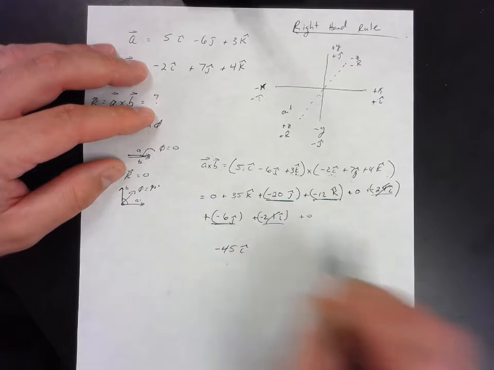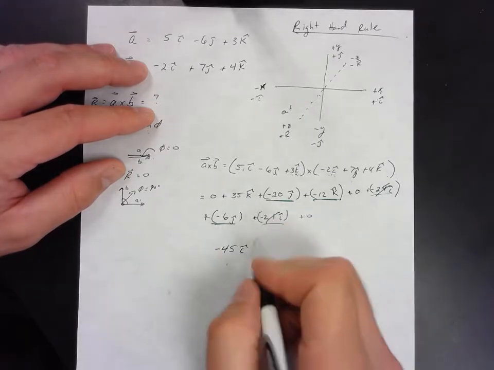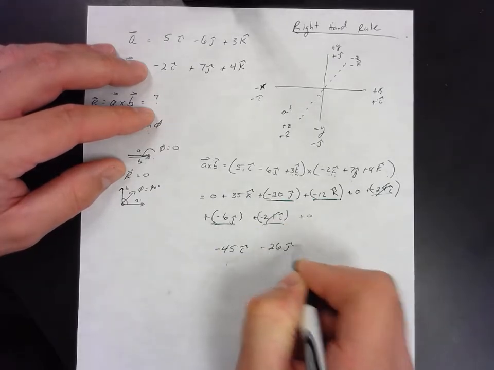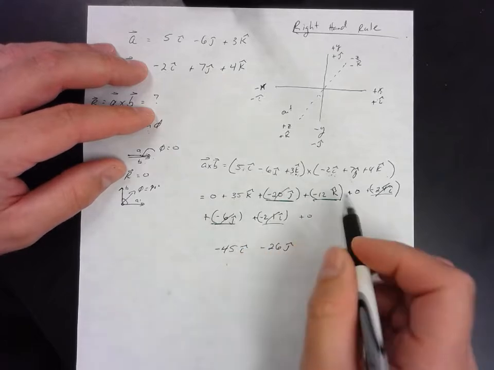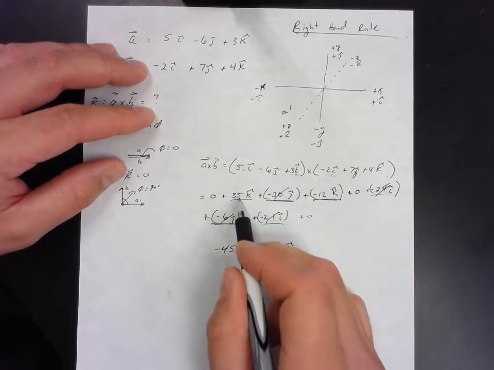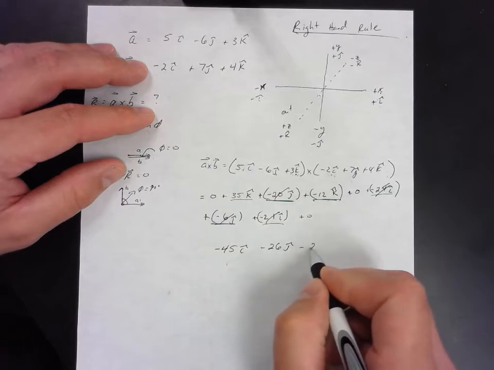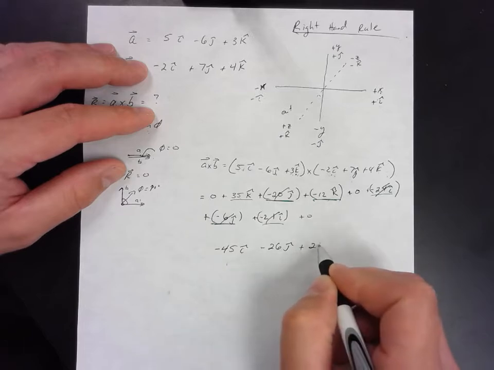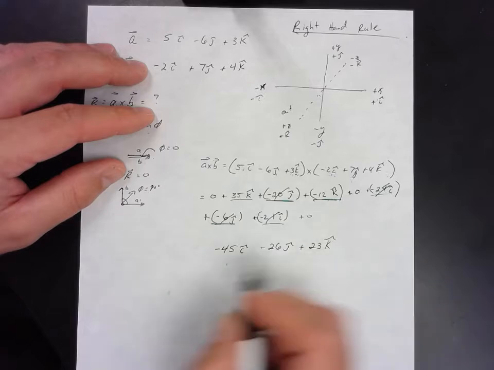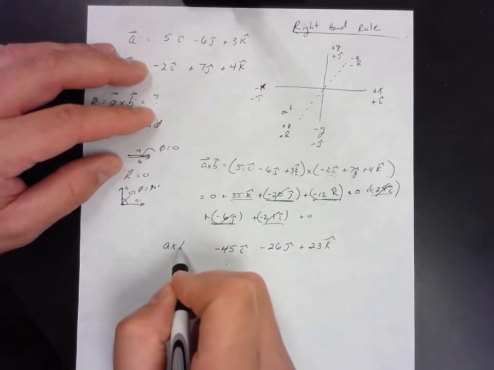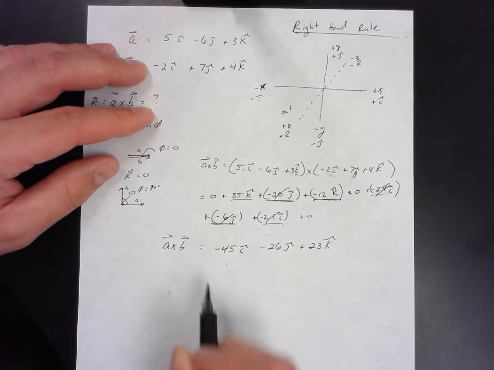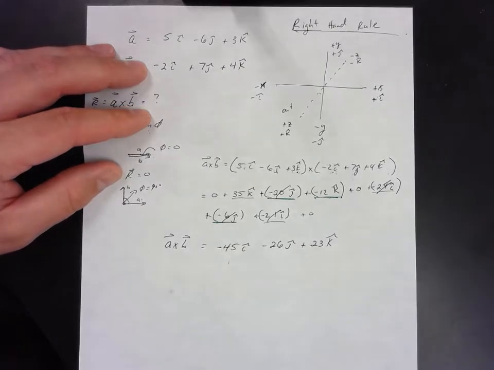J here, J here. So we have negative 26 J. And now we do the K's. 35 minus 12 is positive 23 K. And that is the value of the product of A cross B.